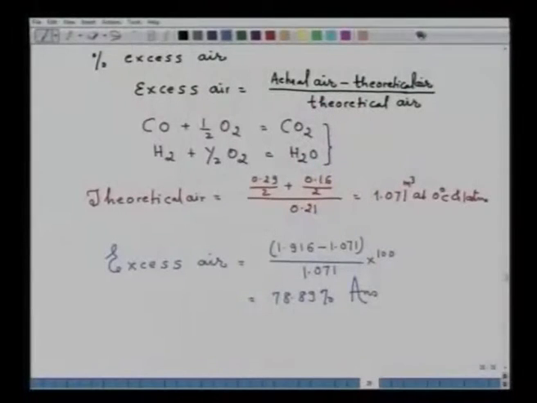If you know the percentage of oxygen in POC, then alternatively, only in this particular problem you can calculate. Had there been CO in the products of combustion, then probably a different method is to be adopted.